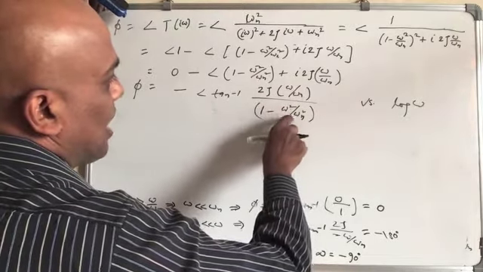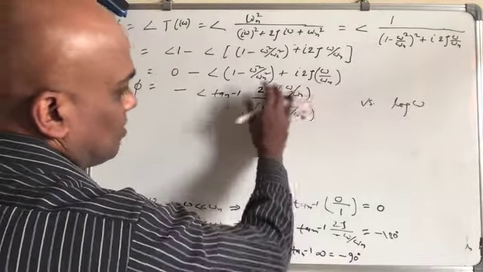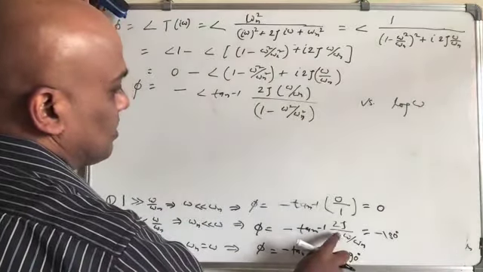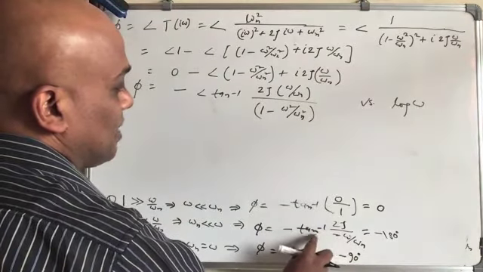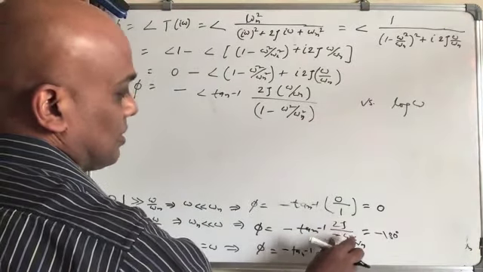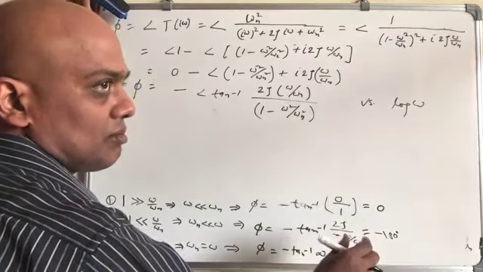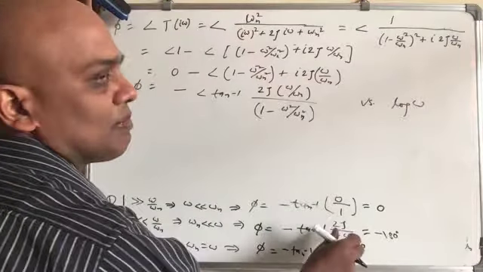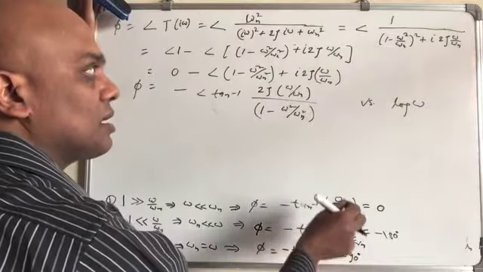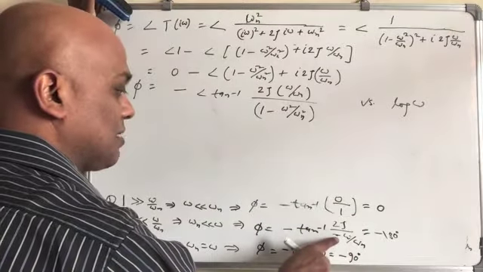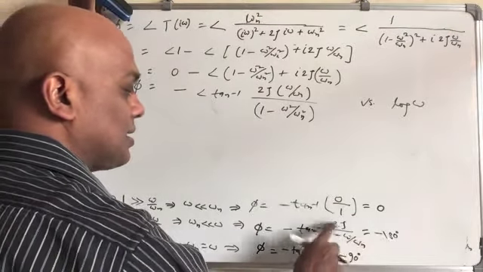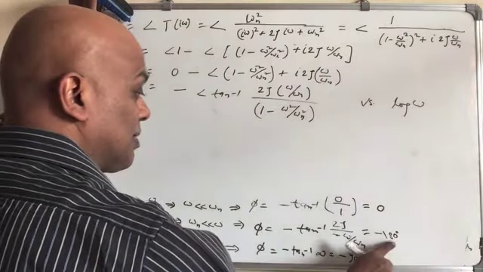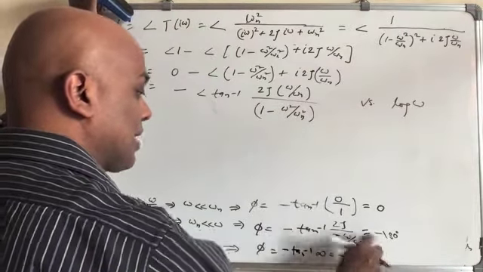When this is a very large value, this is a negative number, right? So when we take tan inverse of a negative number approaching 0, we can think of it as approaching 0 from the negative side because of the negative sign, and hence you have 180 degree here, with a minus sign, like this one.